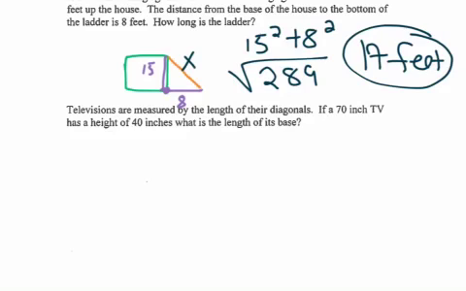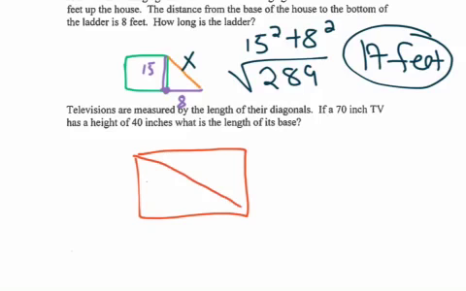Next one, we are talking about television. So let's say here's my television, and it says that they're measured in the length of their diagonal. So it says if a 70-inch TV, so if they're measured in the length of their diagonal, my diagonal is going to be 70 inches and has a height of 40 inches. What is the length of its base?